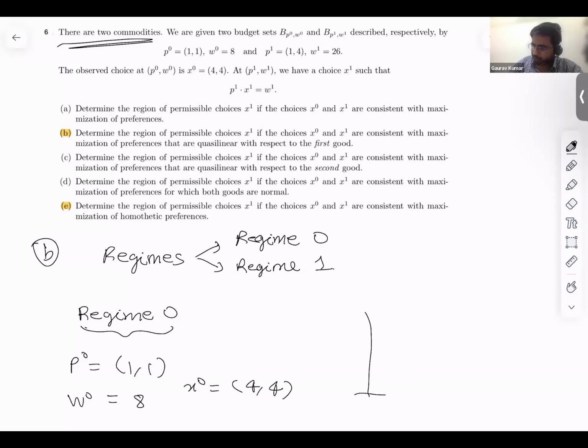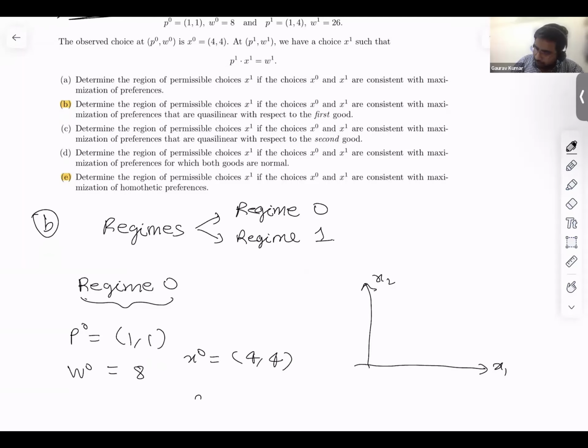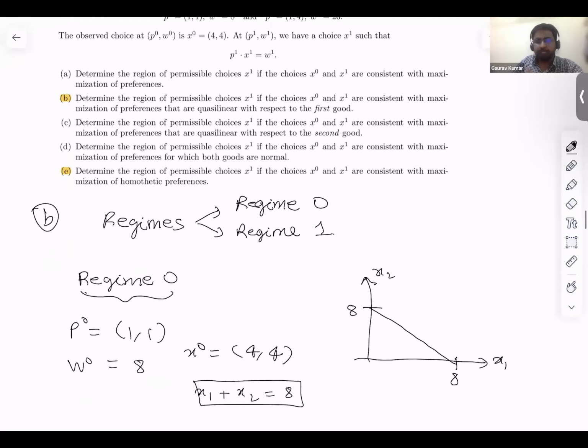Let's plot this, that's the easiest way. On the x1, x2 axes, you write x1 plus x2 is equal to 8. This is your budget constraint because the prices are 1 comma 1. When you plot this, you get this line. This is the plot of regime 0.